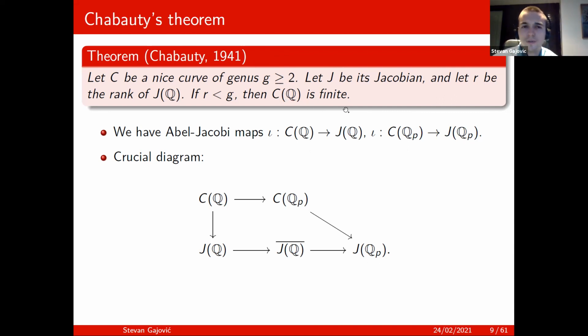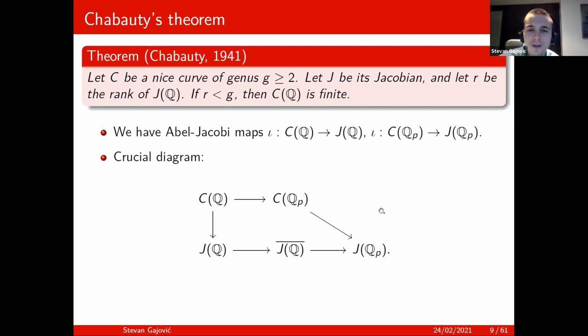Of course that is weaker than Faltings' theorem, which doesn't need any condition on the Jacobian, but it was 40 years before Faltings, and this was the biggest step in proving the so-called Mordell's conjecture, nowadays Faltings' theorem.